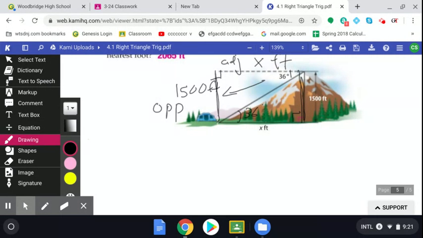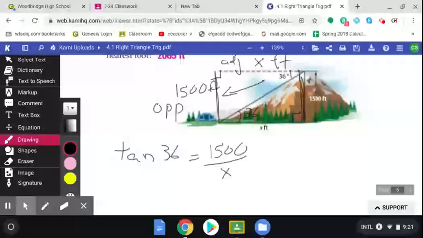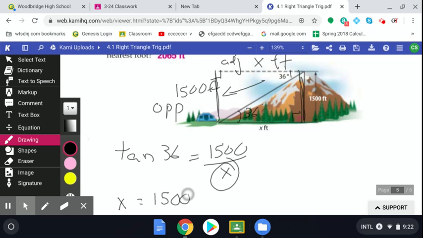So now I can say tangent 36 is equal to the opposite side, which is 1,500 over x. Now, you know that x is in the denominator, so I'm going to do x is equal to 1,500 divided by tangent 36.